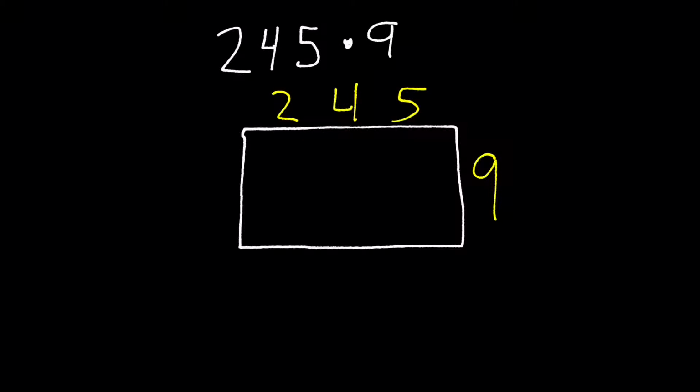And then just like last time, I'm going to separate our big number into its place values. So draw a line between the 4 and the 5. Draw a line between the 2 and the 4. So this time we're going to have 3 sections because we're going to have to multiply 3 different times.